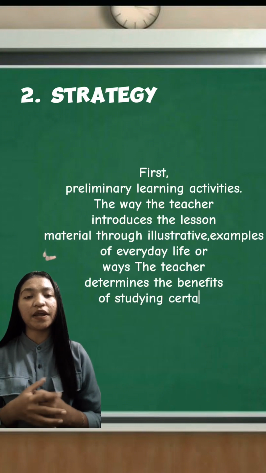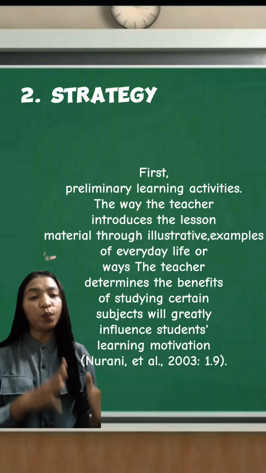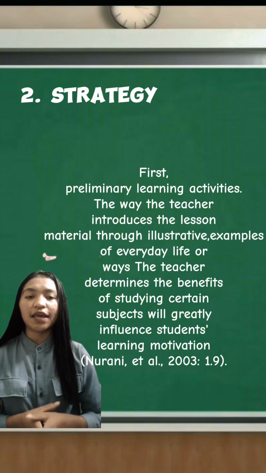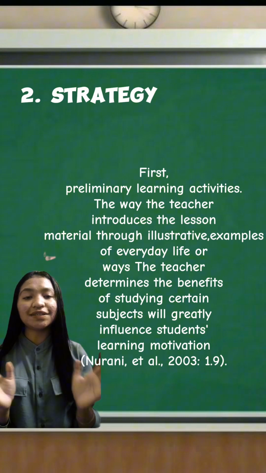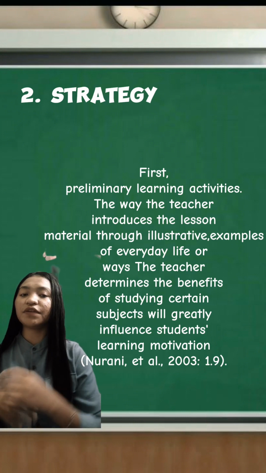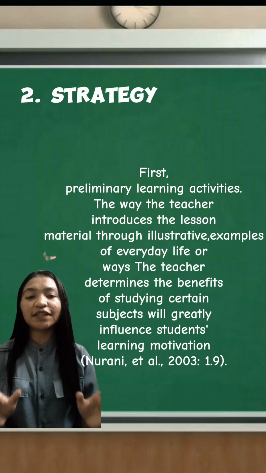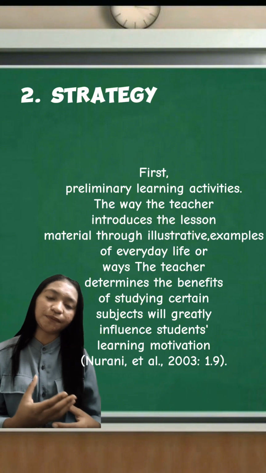The first, preliminary learning activities. The way the teacher introduces the lesson material through illustrative examples of everyday life, or the ways the teacher determines the benefits of studying certain subjects, will greatly influence students' learning motivation.